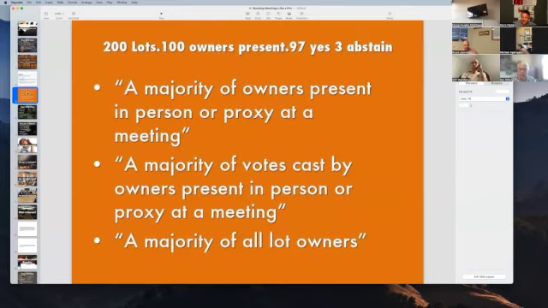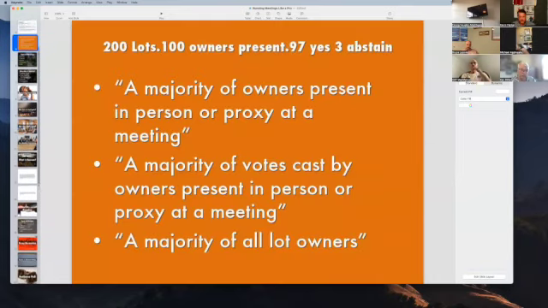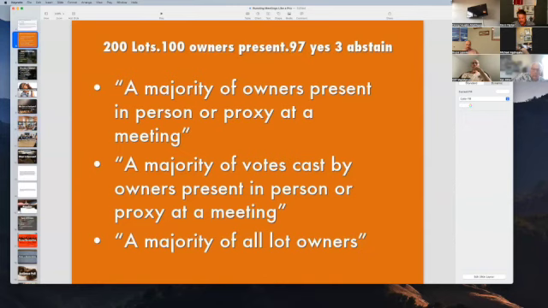Let's start off with some math. Bruce allegedly, when he was in high school, was on the Maryland State math team. I have yet to see any evidence of this. But here's our hypothetical. There are 200 lots in the HOA, and a meeting of the owners has been called, and 100 of the 200 show up.